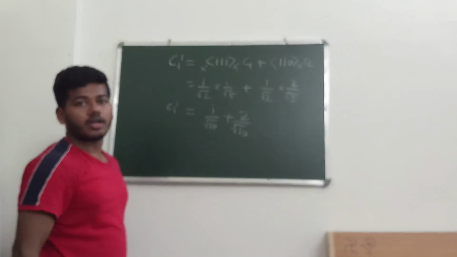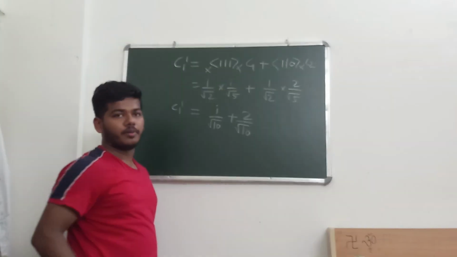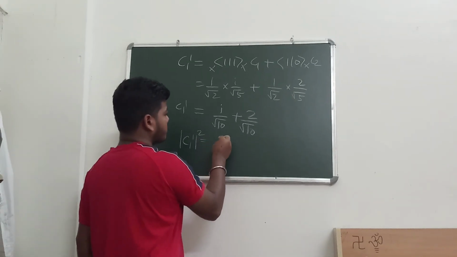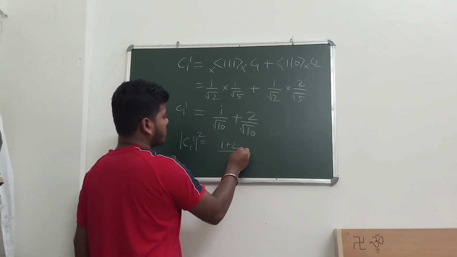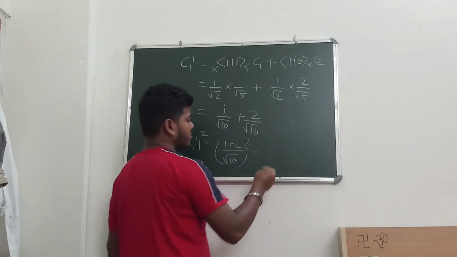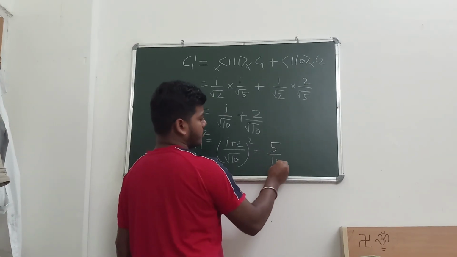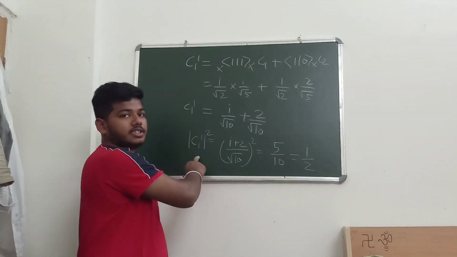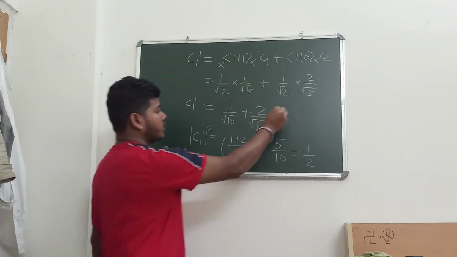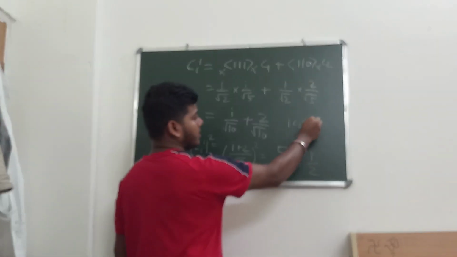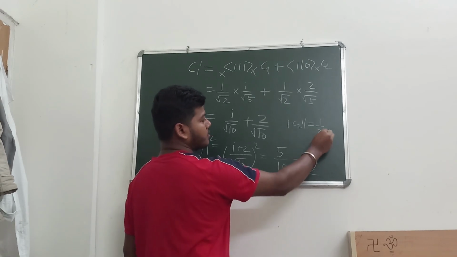Now our main aim is to find the probability. The probability is C1 prime square, that is equal to i plus 2 by root 10 whole square, which is equal to 5 by 10, that is 1 by 2. This is our probability for finding C1 prime. Similarly we can find it for C2 prime, but this is not in our given question, and it will give 1 by 2.